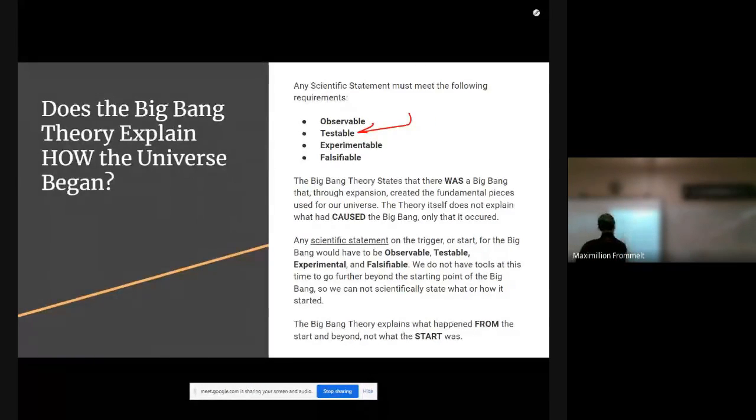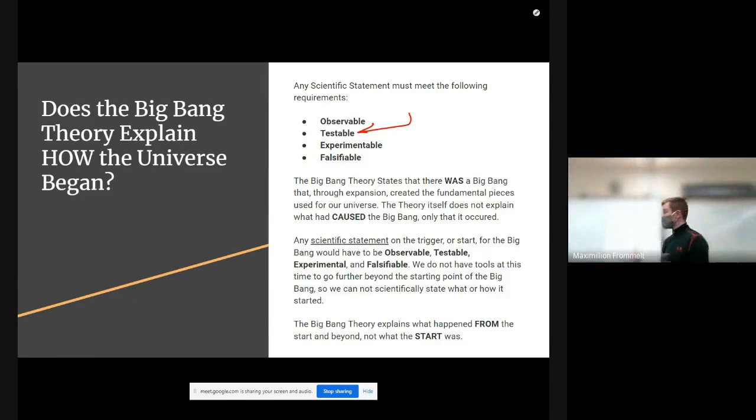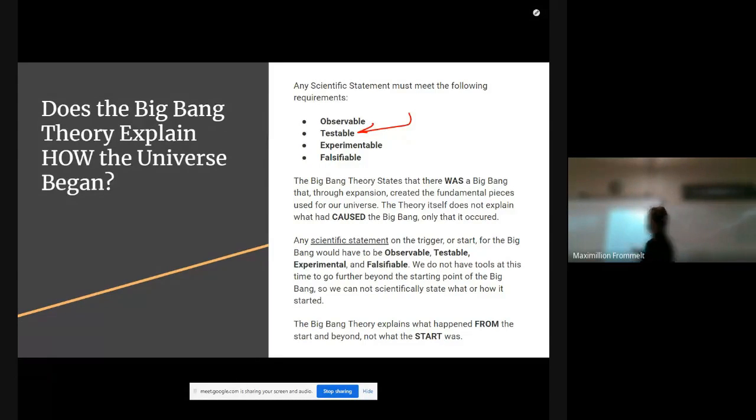It has to be testable, because you can't just state, as an example, that atoms are made up of thoughts. Like, you think that something is there, so you touch something. That isn't exactly testable because there's no way to measure that. There's no actual restrictions on how to create that kind of experiment.